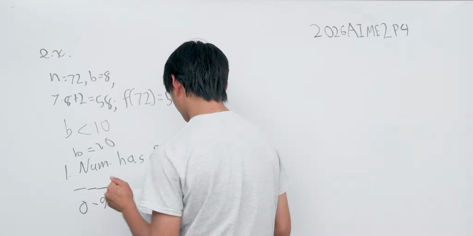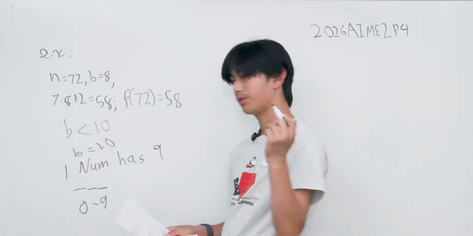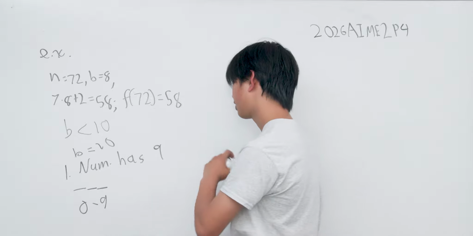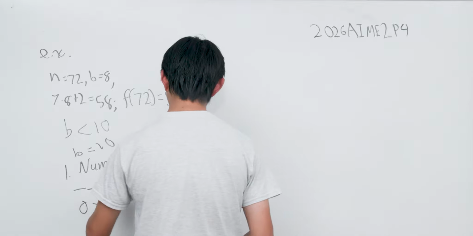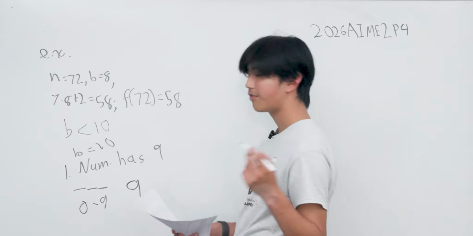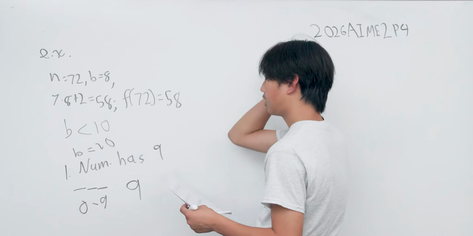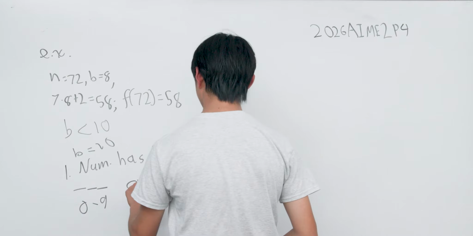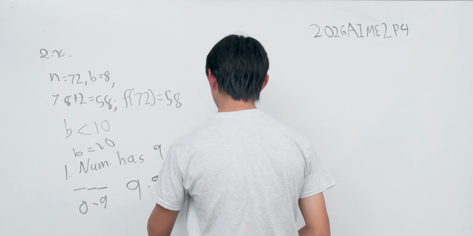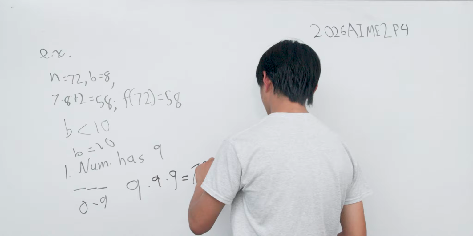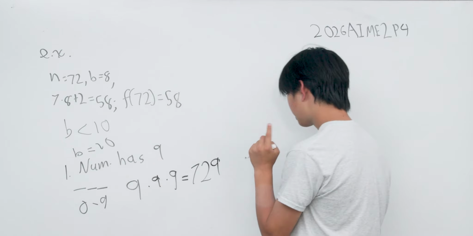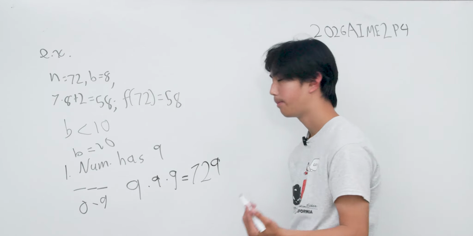However, we don't want a 9, so that's subtracting 1 from the 10. So we have 9 possible digits for each spot right here. So we have 9 times 9 times 9 is 729. This is the number of cases that we don't want.